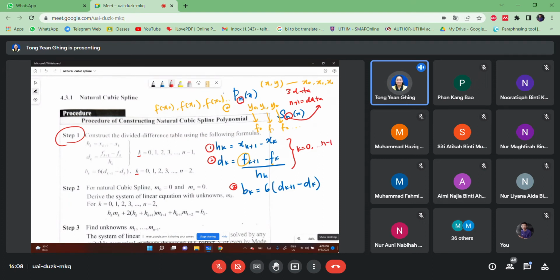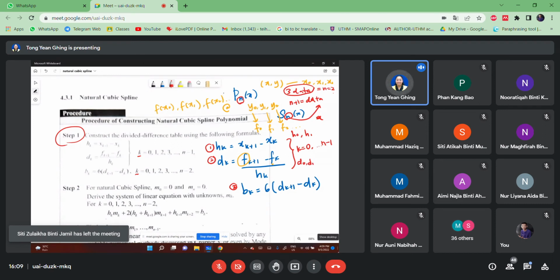If our n just now, with 3 data points, is 2, that means we have to calculate h0 and h1, because n is 2, so n minus 1 is 2 minus 1. And then d, we have to calculate d0 and d1.